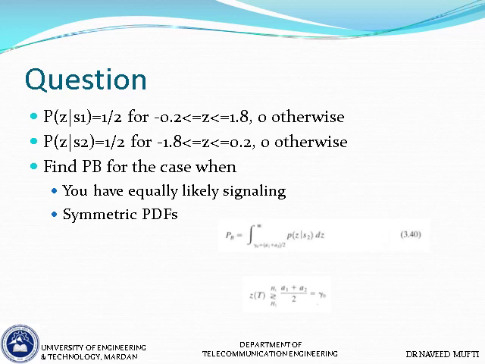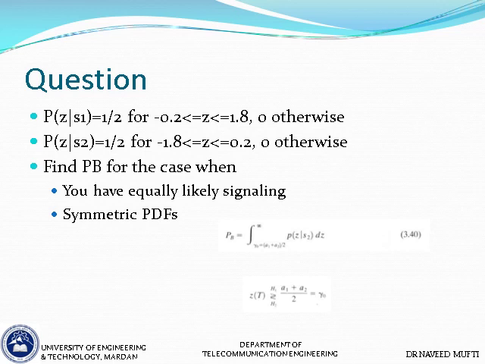Let me choose blue. This is your gamma naught here, 0. So that is the value for your gamma naught. Based on this information, now you know the value of gamma naught.